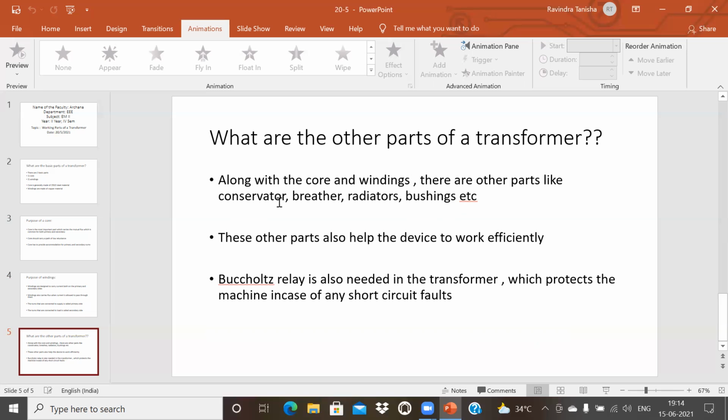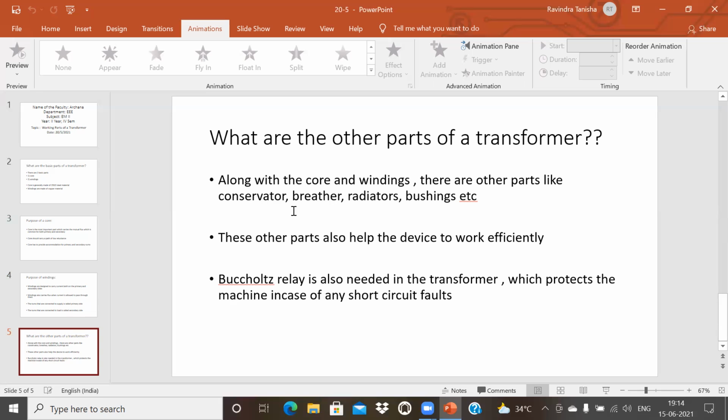The duty of the conservator is based on the temperature and pressure developed inside. The transformer oil inside the tank will expand, so you need a tank which accommodates this, and that is called the conservator. Along with the conservator, there is another important part, the breather. The breather is like the inlet for the conservator.